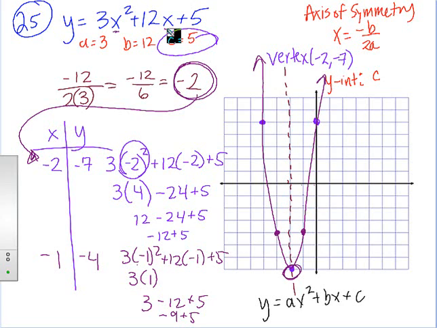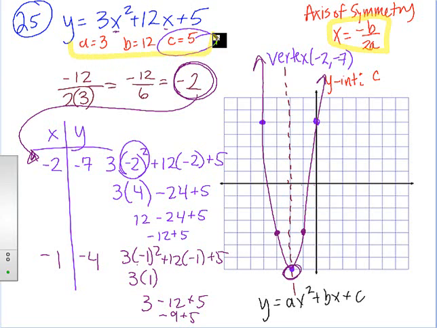I don't get how we got the -2 to start with. Okay, so to start, we look at the formula for the axis of symmetry. That formula never changes. It's always negative b over 2a. So then we wrote down what our a, b, and c were.